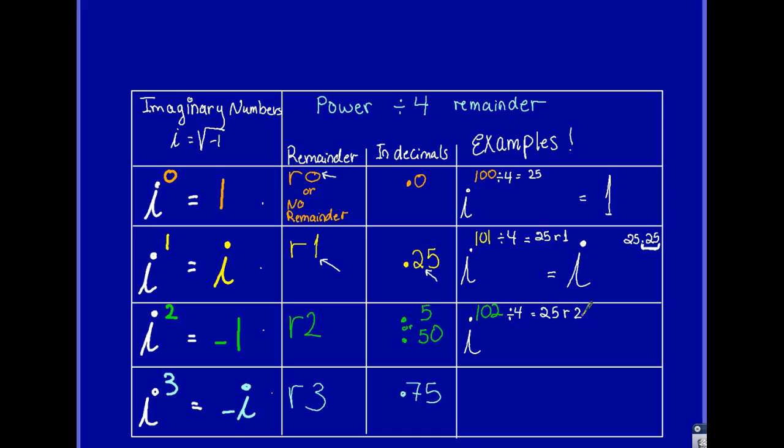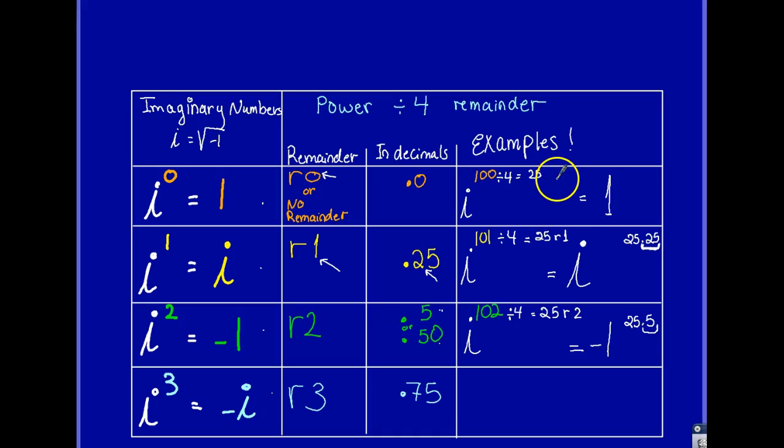Calculator lovers, you should get 25.5 on the calculator. Since you have 0.5 or 0.50, that means you have a remainder of 2, and that means the value is -1.